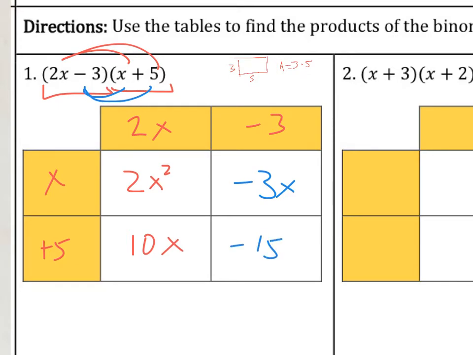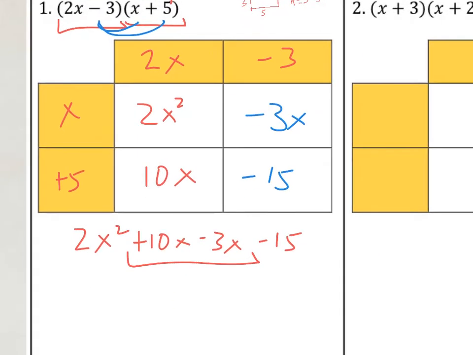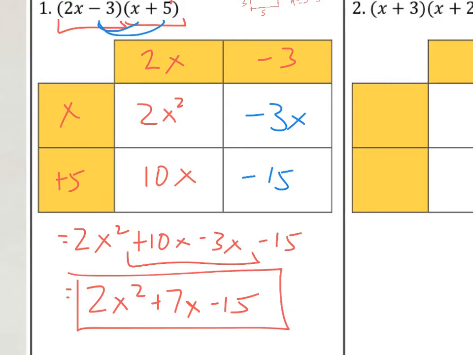And so that gives us these four terms: 2x squared plus 10x minus 3x minus 15. And we know we can combine like terms to finish it off. So we get 2x squared, 10x minus 3x is 7x, and then minus 15. And that's how we can use an area model.